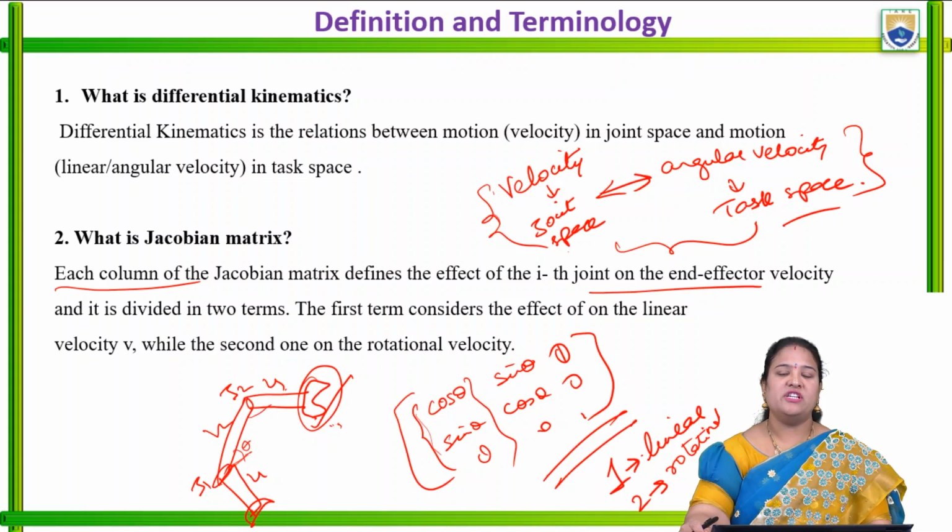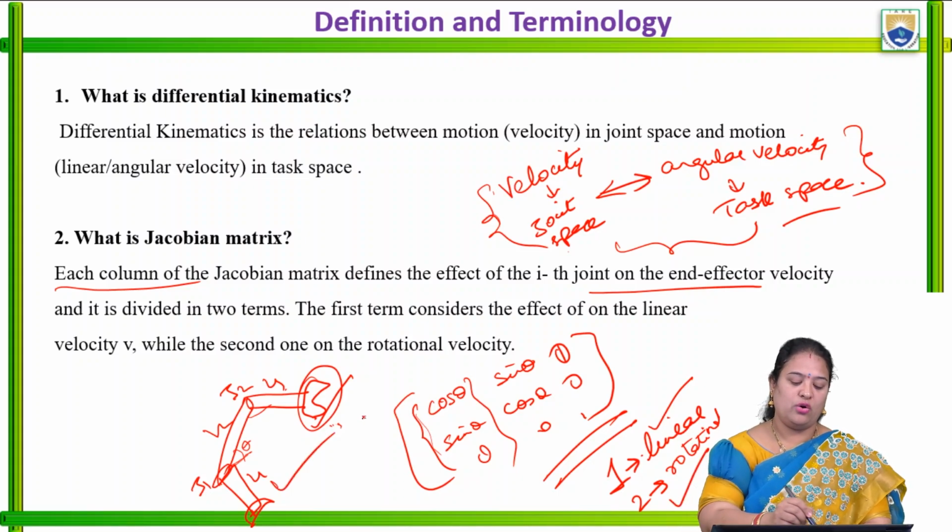So this is about the Jacobian matrix. It is used to define, for each column, the effect of the joint on the end effector velocity, and it is divided into two terms, where one term is the linear velocity and the second term is the rotational velocity of the robot, right?